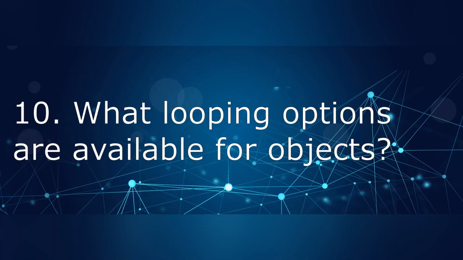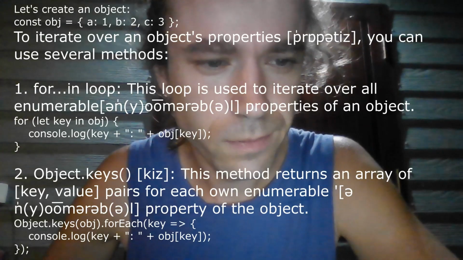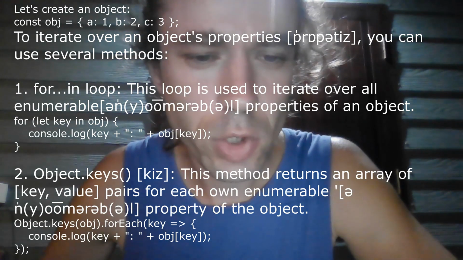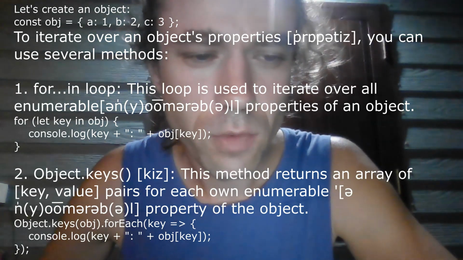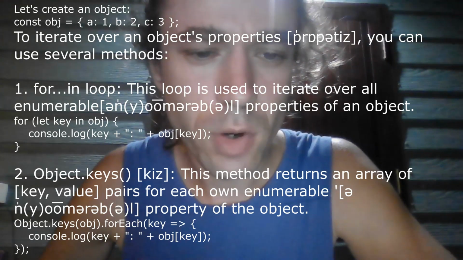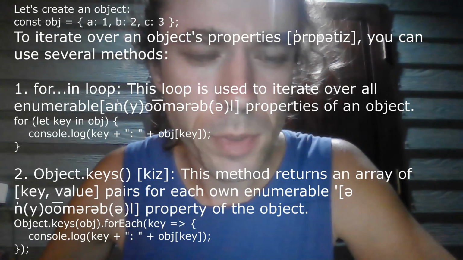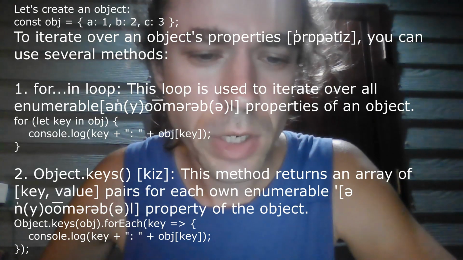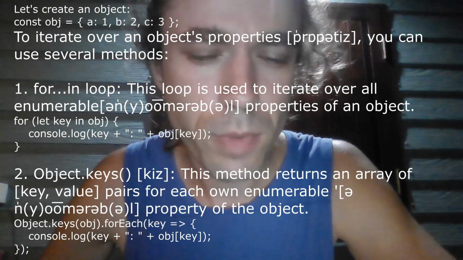What looping options are available for objects? To iterate over an object's properties, you can use several methods. For in loop. This loop is used to iterate over all enumerable properties of an object. Object.keys. This method returns an array of the names of each own enumerable property of the object. Object.entries. This method returns an array of key-value pairs.